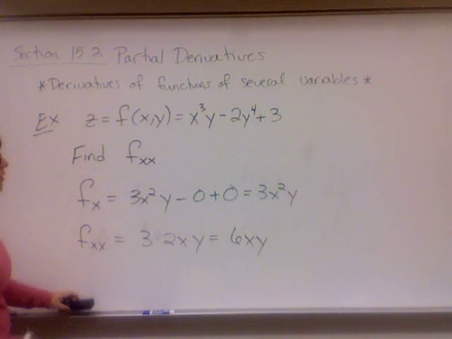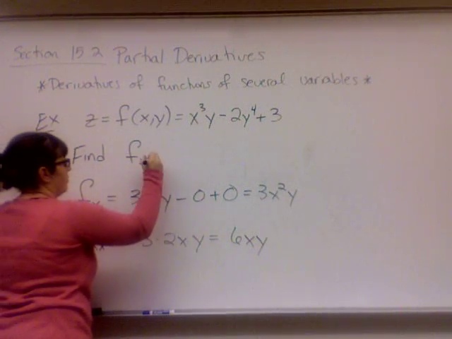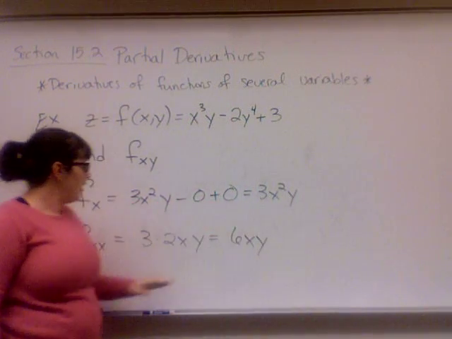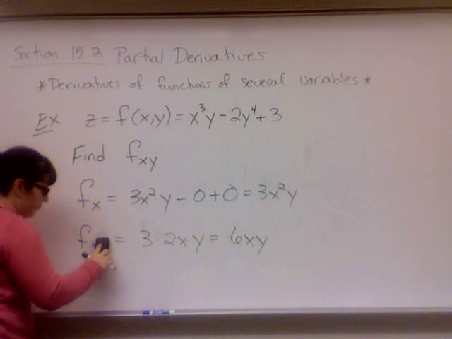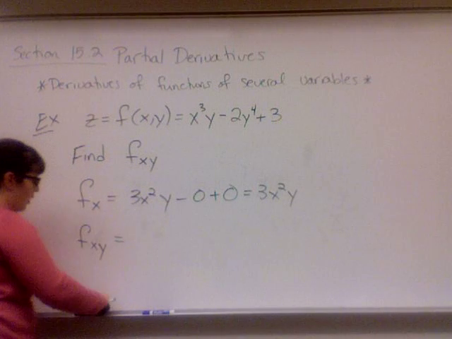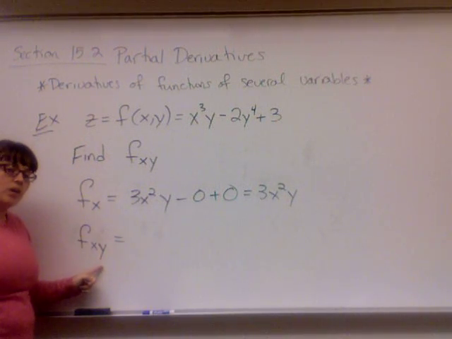Let's mix it up a little. Let's find f sub xy. The first derivative is still going to be the same. F sub x is going to be the same exact thing. Okay? But now what is f sub y? What this means is that I now look at f sub x and I say take its derivative and think of y now as being the variable.